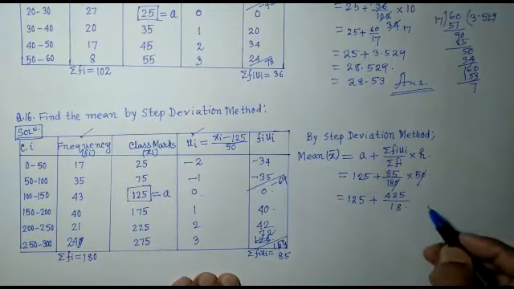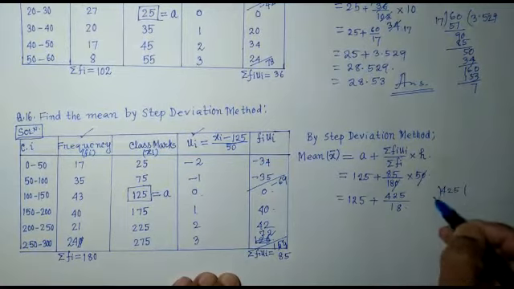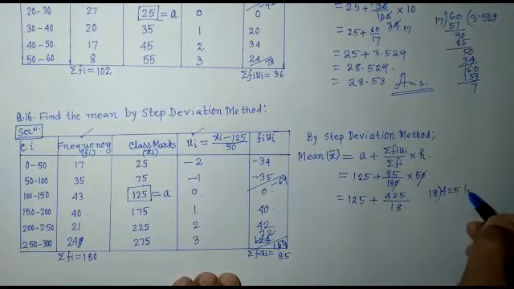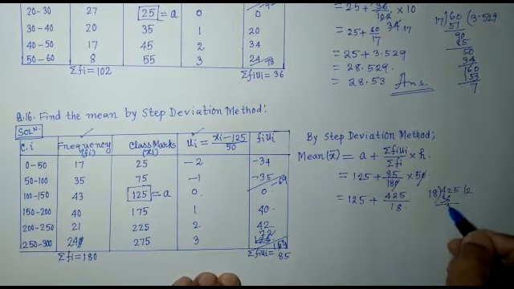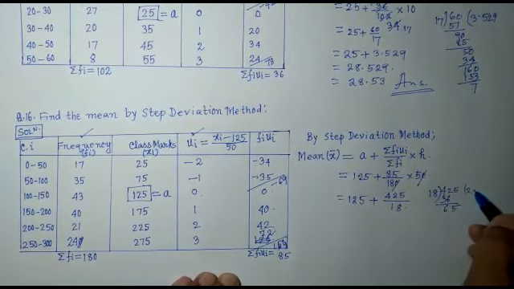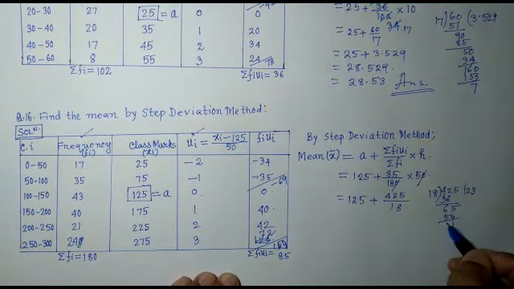And now divide this 425 by 18. See what is coming: 18 goes 2 times, it is 36. Subtract, so now 3 times 18 is 54, and now the remainder is 1.